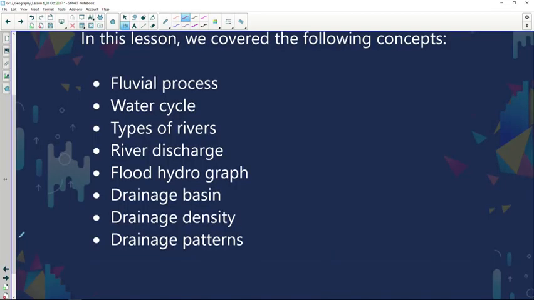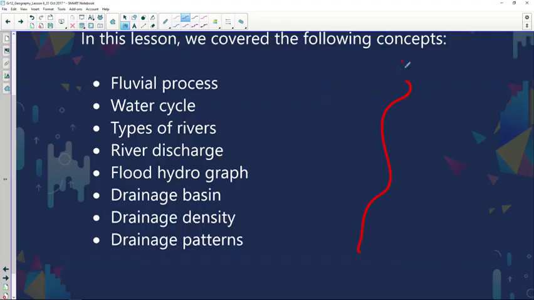Then we also look at drainage basins. It's a river with its tributaries draining an area. Very importantly, just the basics, the source of the river to the mouth of the river. I just want to draw it because it's quite important over there. There's your source, there's your mouth. The other rivers joining is known as your tributaries.